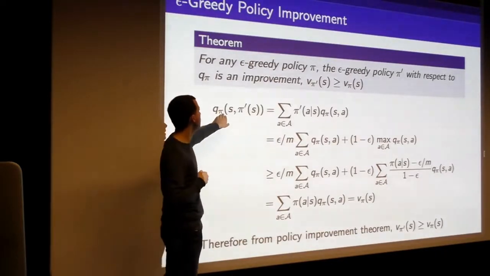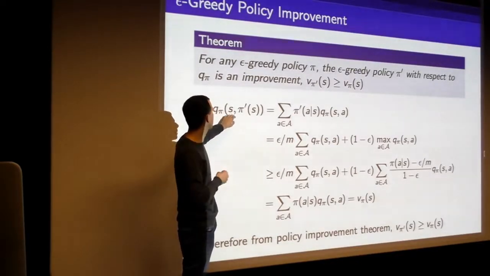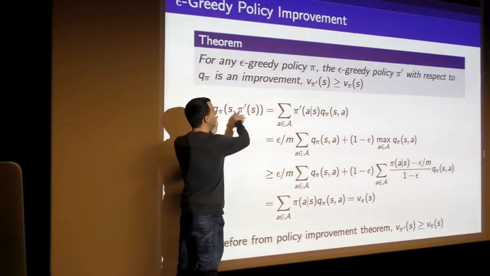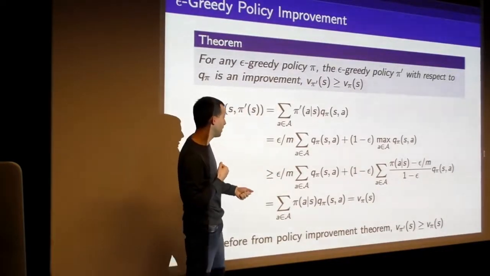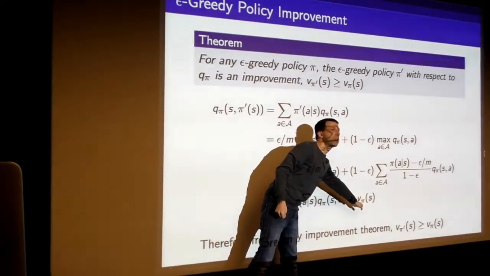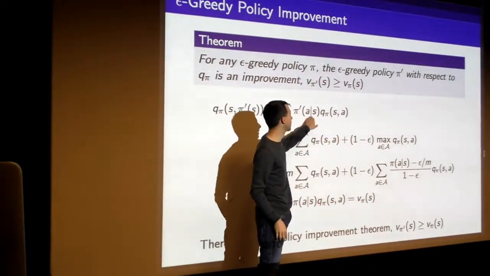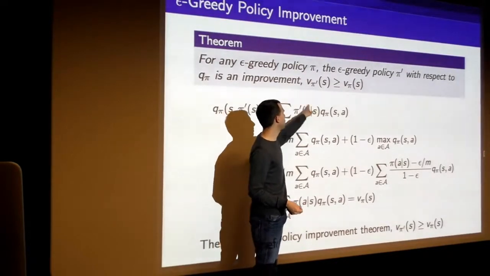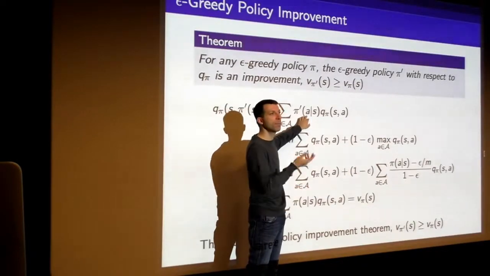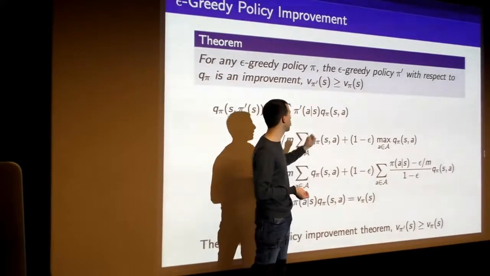So over one step, we want to show that taking one step of our new policy is better than the value of our original epsilon greedy policy. This is just an expectation. So this is our epsilon greedy policy, and for one step, there's some probability that we're going to take each action, multiplied by the value of that action. This is just unrolling the expectation.